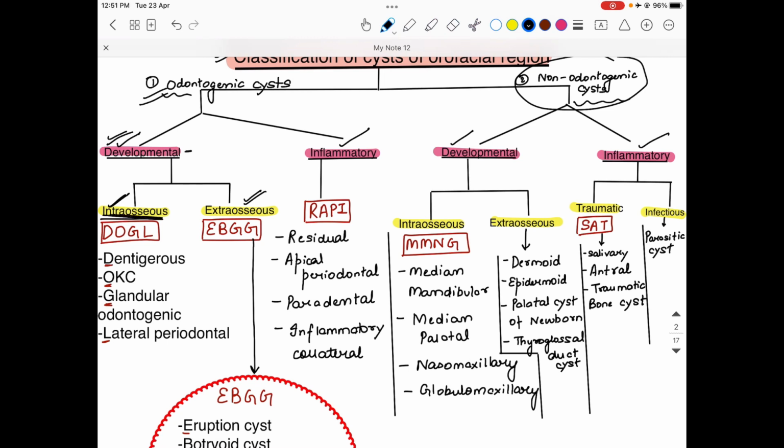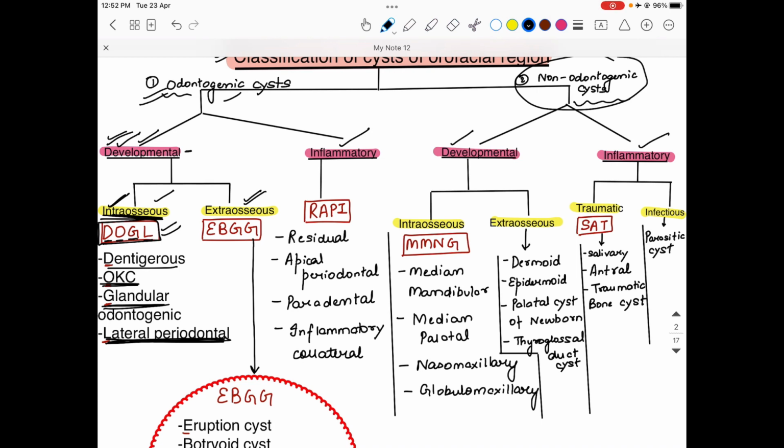Now in intraosseous, in odontogenic, developmental, intraosseous, you need to remember DOGL, just this mnemonic and you are done, okay? DOGL stands for D for dentigerous cyst, O for OKC, which is odontogenic keratocyst, G for glandular odontogenic cyst, and L for lateral periodontal cyst.